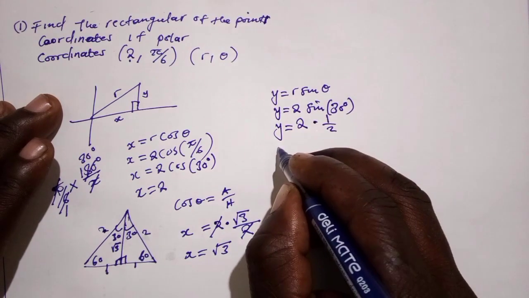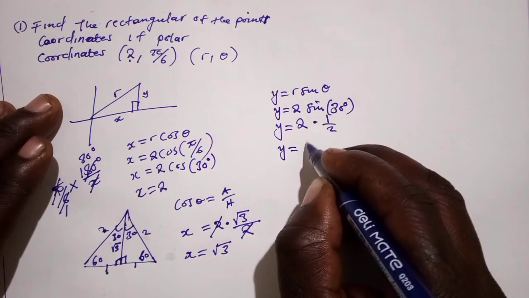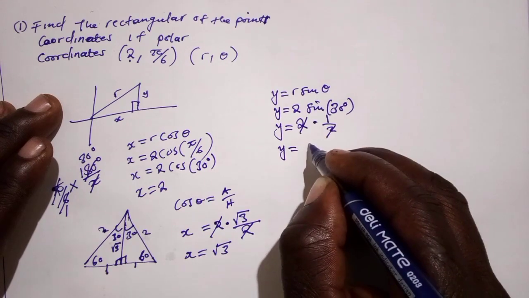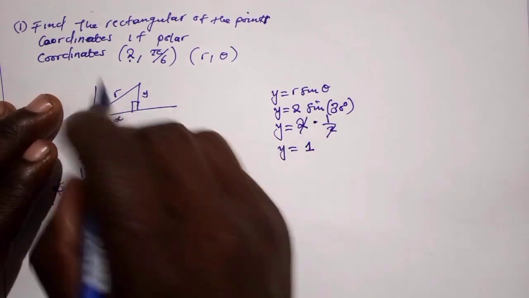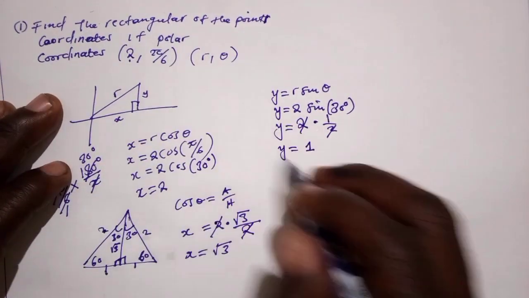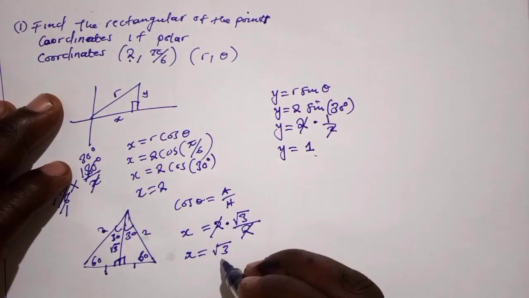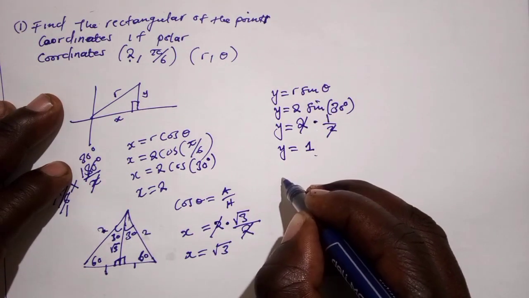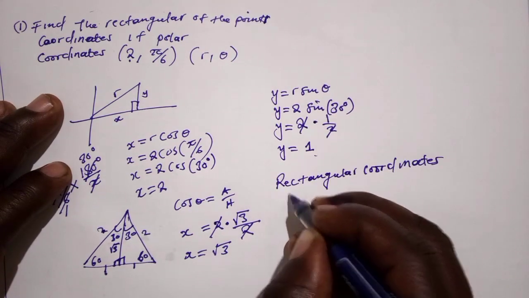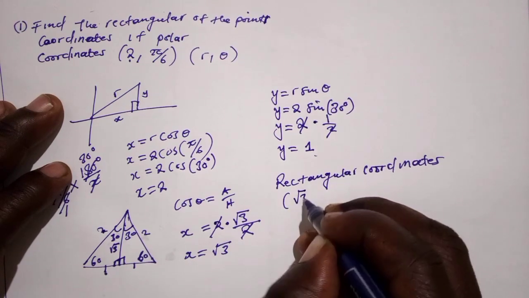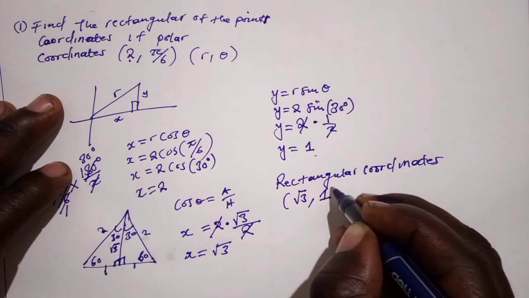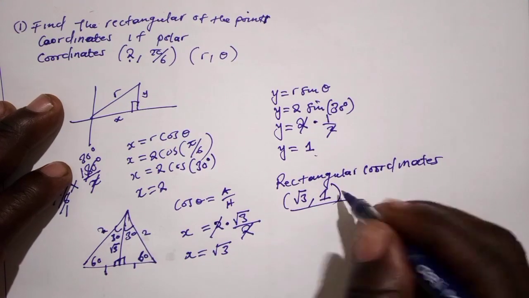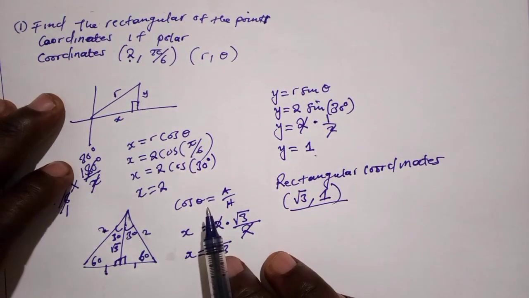So y equals 2 times a half, and 2 and 2 go, we remain with 1. So the representation for the rectangular coordinate, because we have found x and y, is x equals root 3, comma, y equals 1. This is our answer for this question.